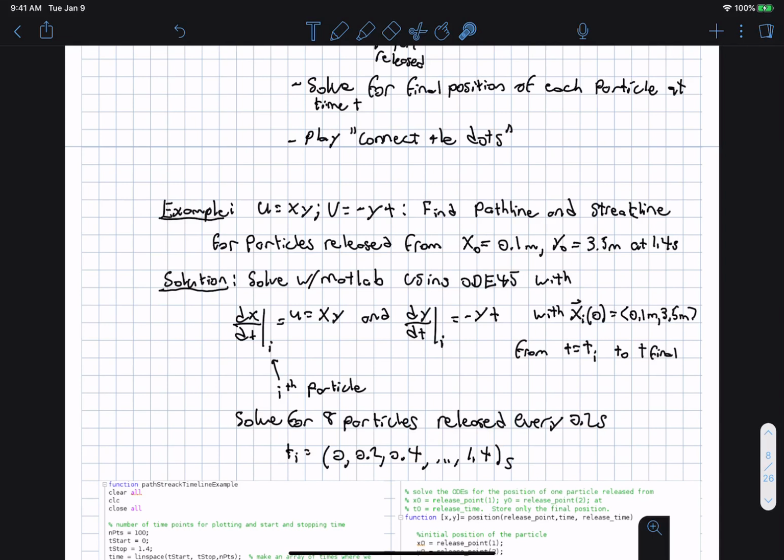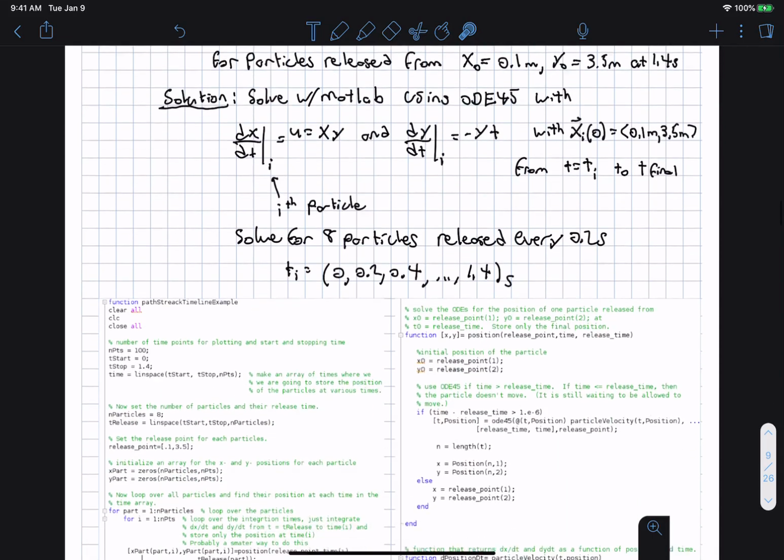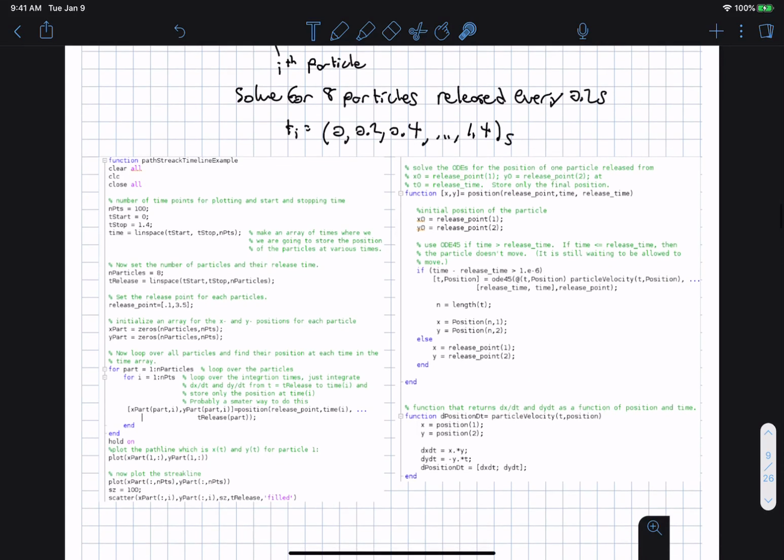Okay, and so I use MATLAB to solve this. I'm not going to go through the code in detail, but all I literally do in this code is define 8 particles, like I said, define the point where we release the particles, and define the times at which we release the particles.